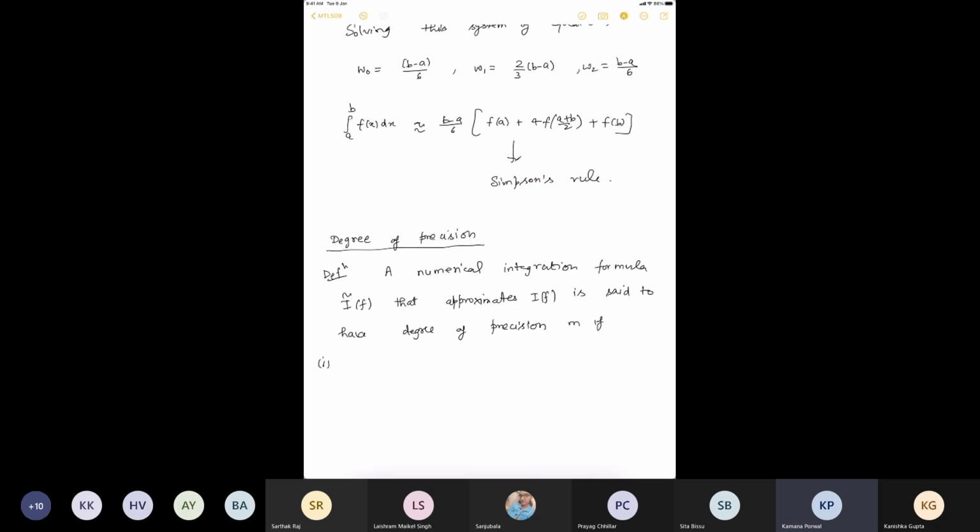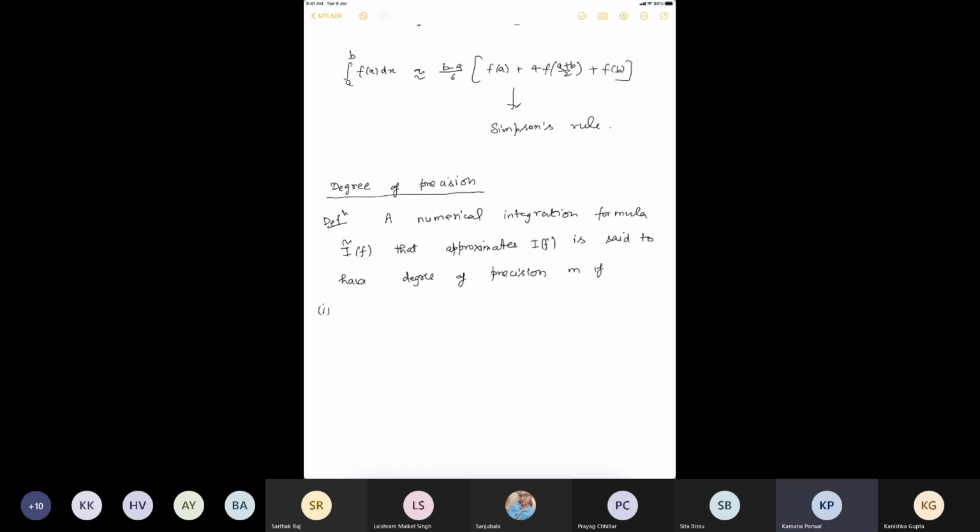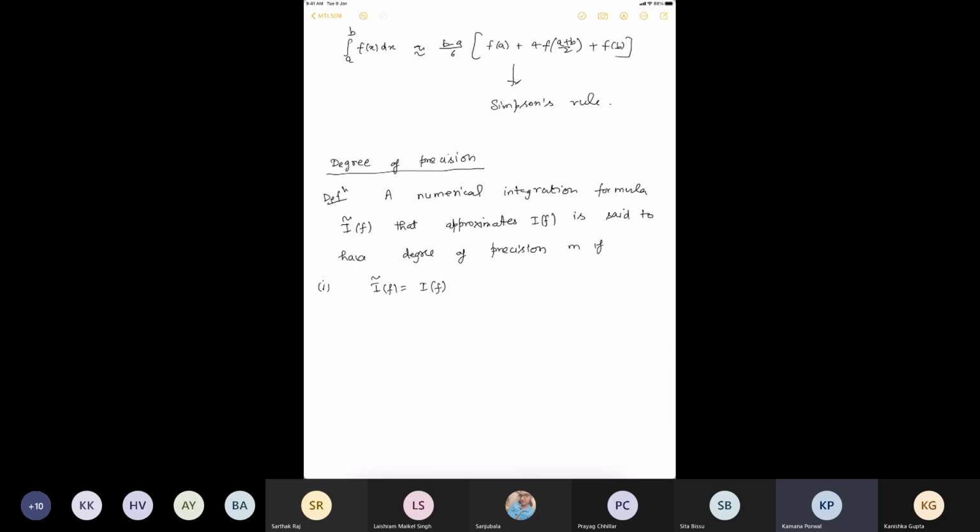So we need two things. First of all, I tilde f should be the same as I f, that is the approximate value and the exact value should be the same for all polynomials f(x) of degree less than or equal to m.